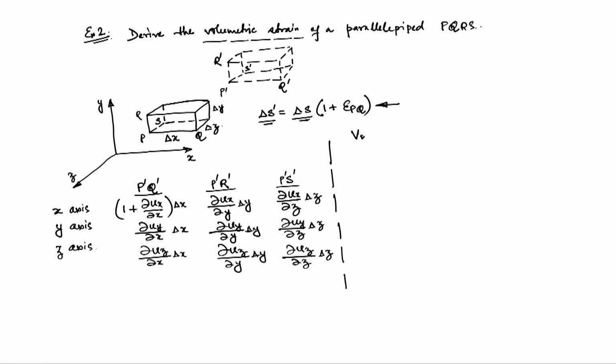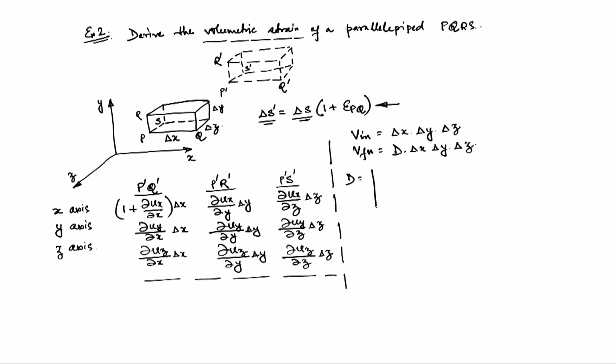So, V initial is very simple, it is delta x times delta y times delta z. V final is also very simple. The moment we define all these elements, it is D times delta x, delta y, delta z. And what is D?